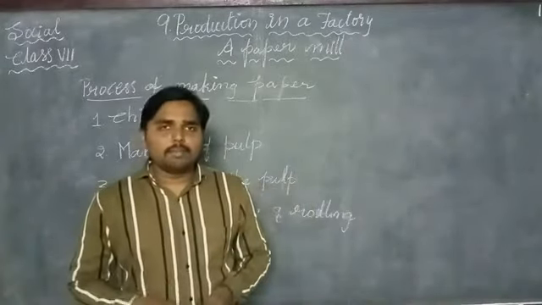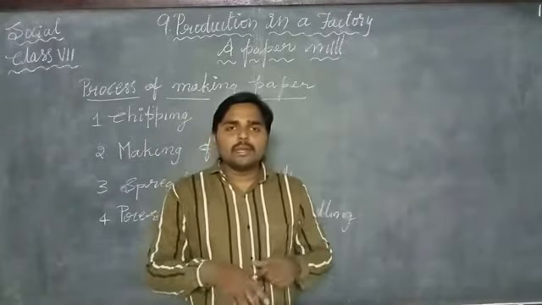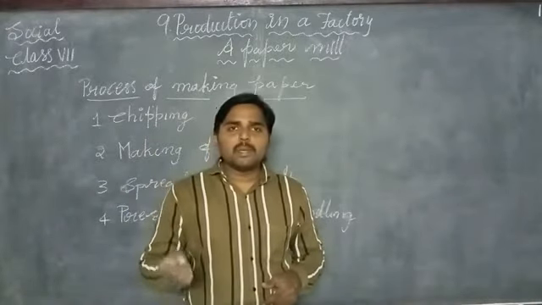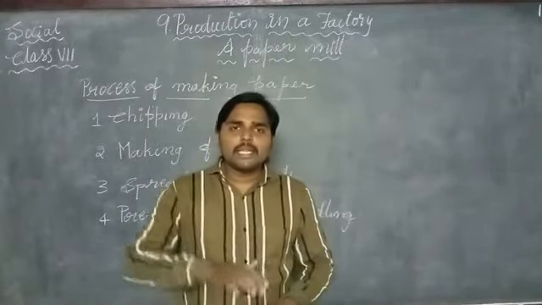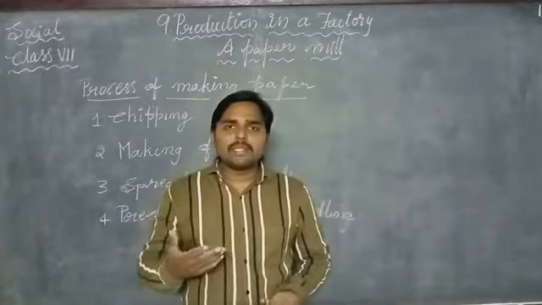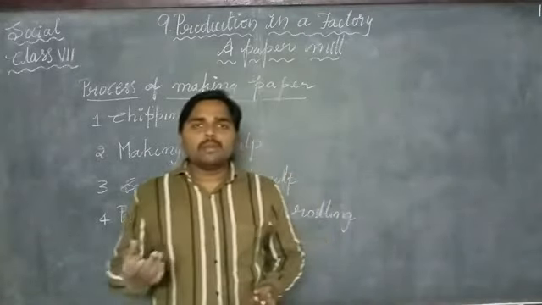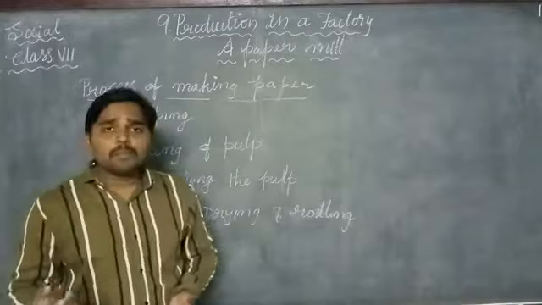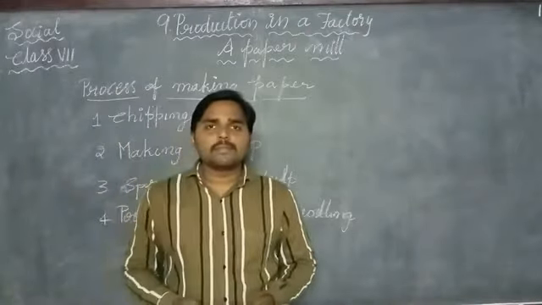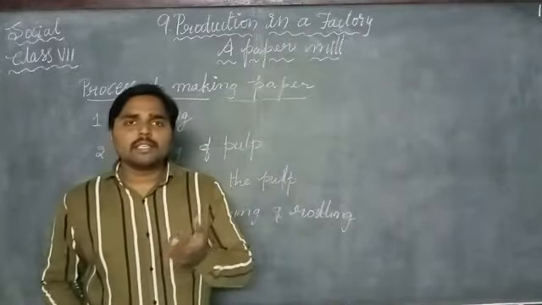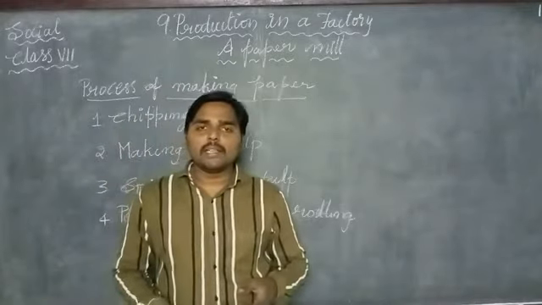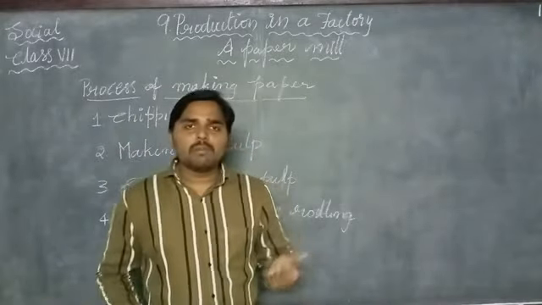To dry the pulp, and to get the perfect shape and the thickness of a paper, they press the pulp. After pressing, the pulp would get the required thickness, length and width.